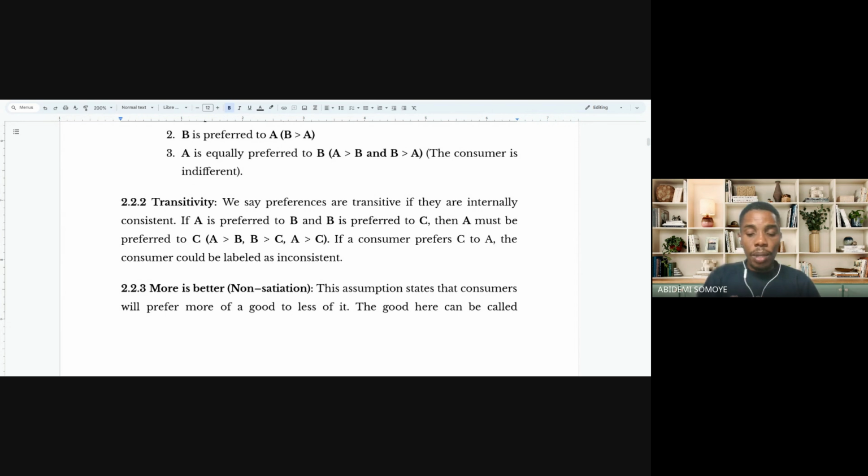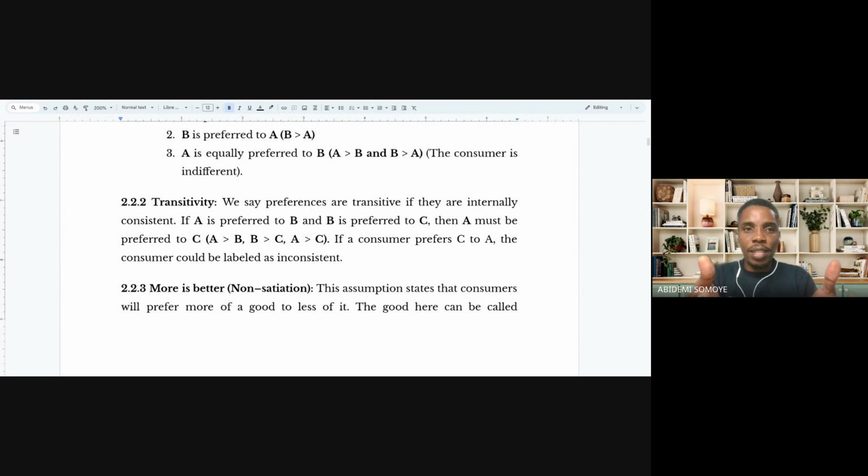Okay, so now let me give you a scenario. I usually give this scenario to my students a lot. If you have an iPhone, let's make the iPhone good A. You have a Samsung, let's make it good B, and you have a Techno, let's make it good C. All right.